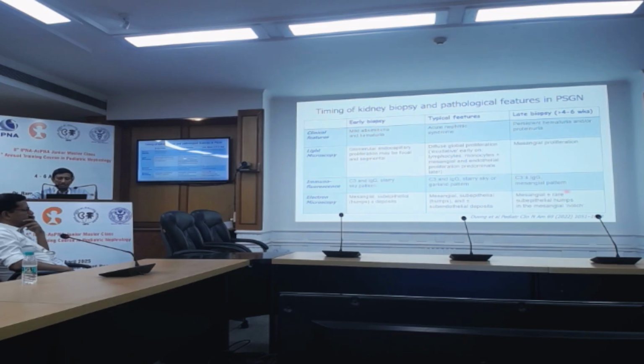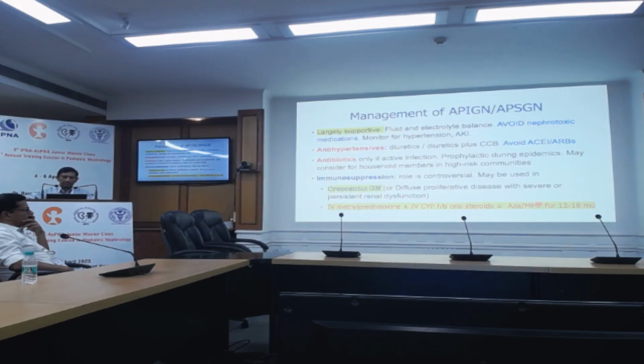Similarly, the deposits are also lesser and more mesangial in distribution. Also, on electron microscopy, you will find that the humps are more located in the mesangial shoulders or notch rather than in the other parts of the membrane.